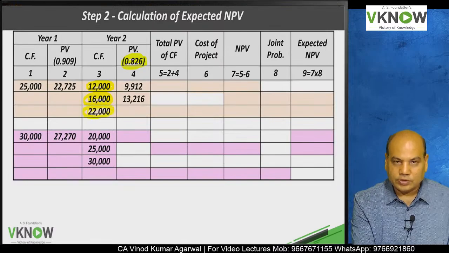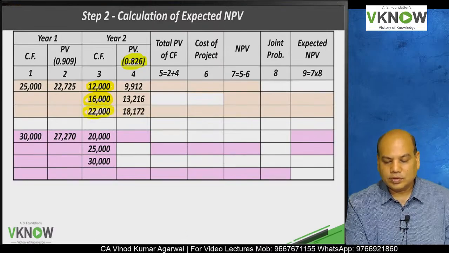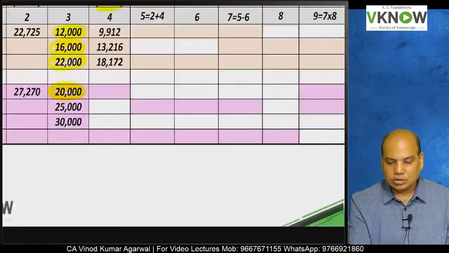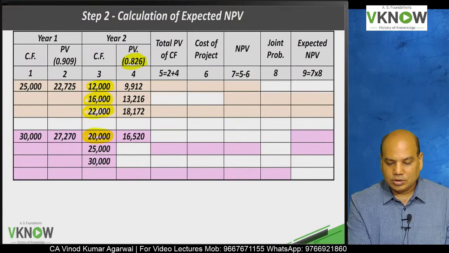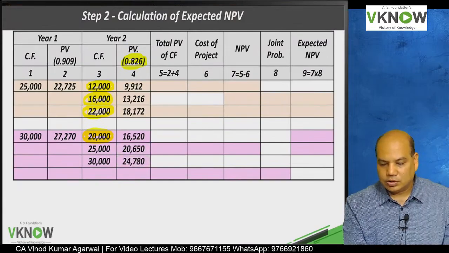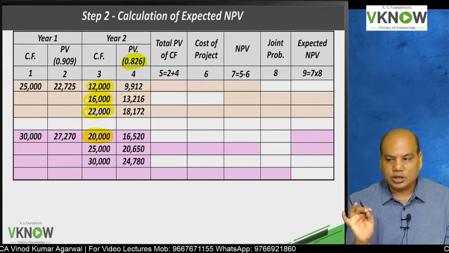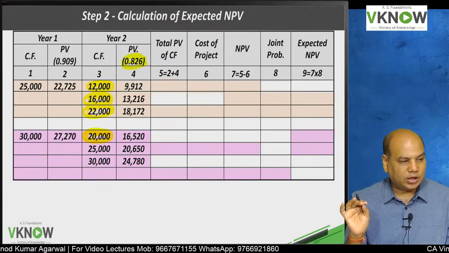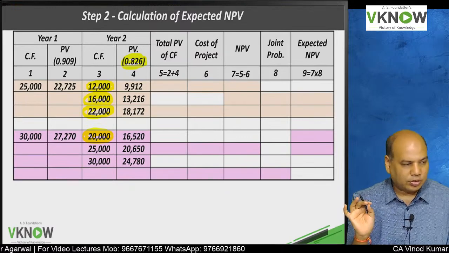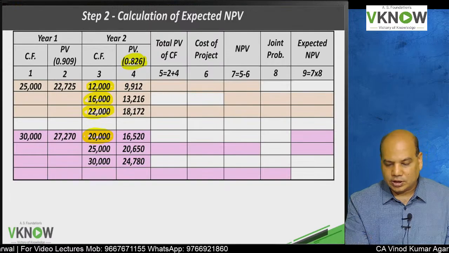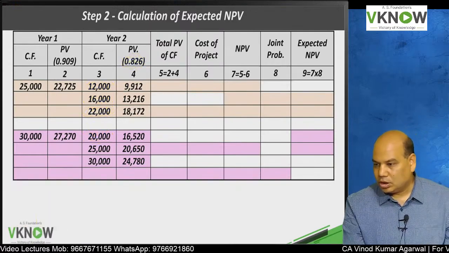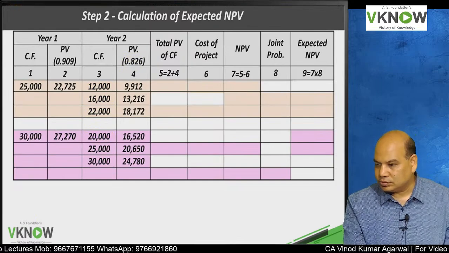Type 22,000 equal to 18172. 20,000 equal to, 25,000 equal to, 30,000 equal to. This is the present value of year 2 cash flow, depending upon whether you get 12,000 or 16,000 or 22,000 or 20, 25, 30. Any query up to this? Anybody any query on this till now?